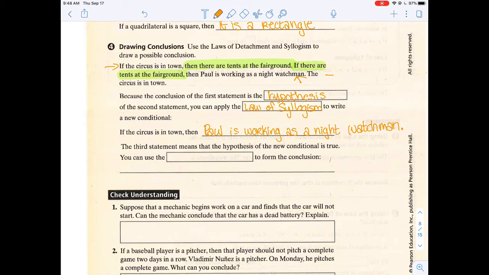The third statement means that the hypothesis of the new conditional is true. So the circus is in town. That makes this hypothesis true. So you can use the law of detachment to form a conclusion. Paul is working as a night watchman.